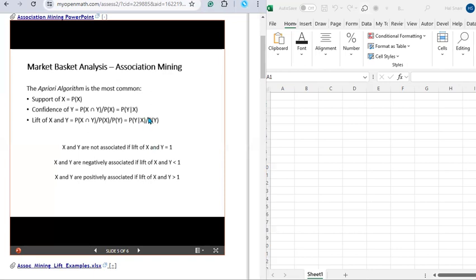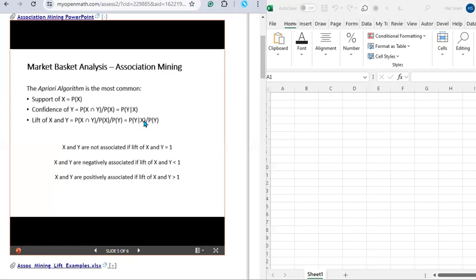Imagine this is the equal sign and ignore everything to the left. Probability of y given x equals probability of y. If that is true, then x and y are independent. There's no association. Dividing both sides by the probability of y would result in this being equal to 1.